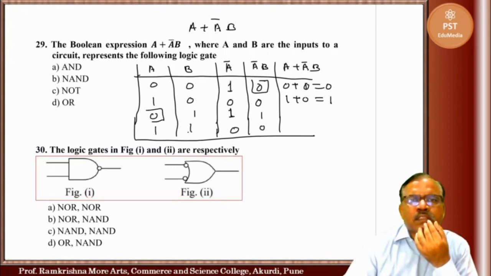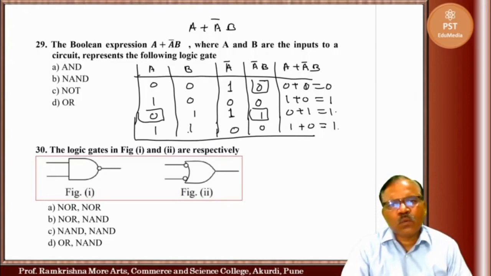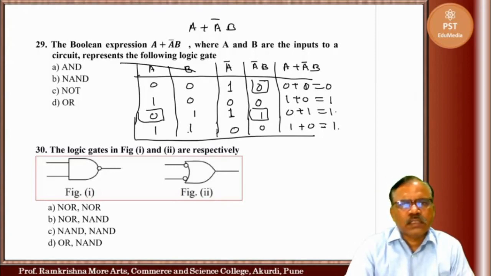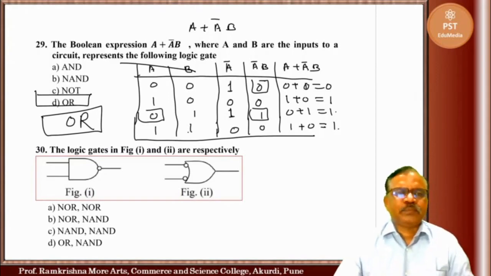Then 0 plus 1 will give you 1. And here 1 plus 0 will give you 1. So the output is 0, 1, 1, 1 for this input. And this is the truth table for the OR gate. The OR gate has the same truth table. So this represents an OR gate.